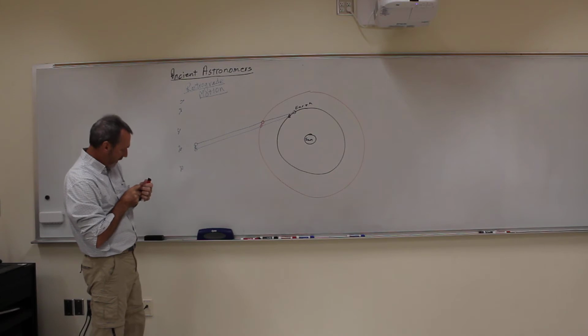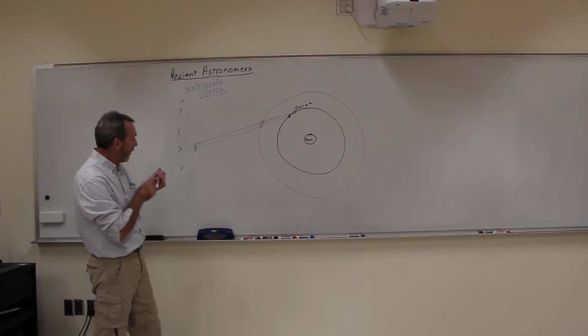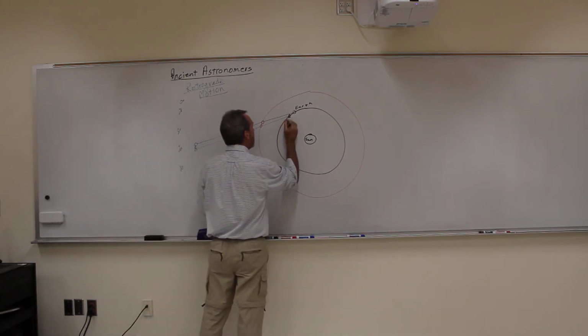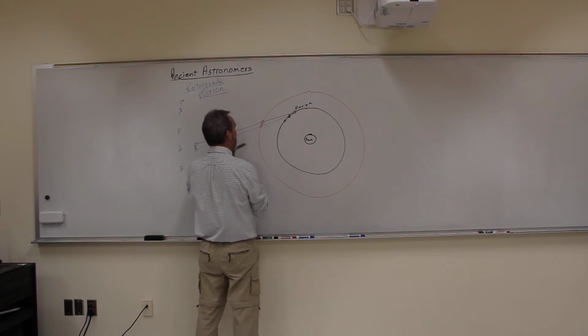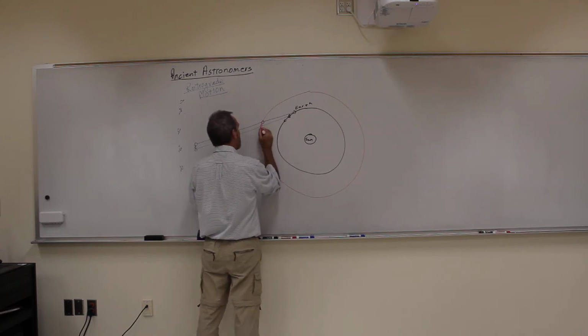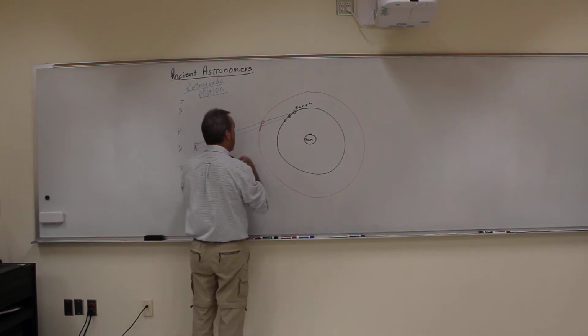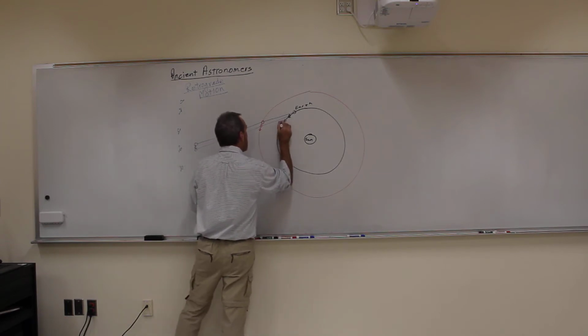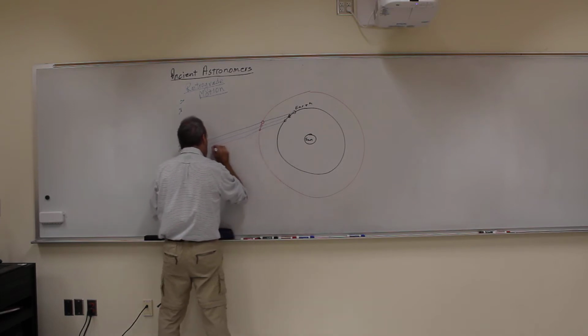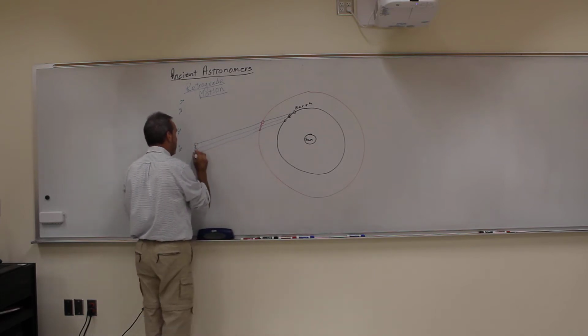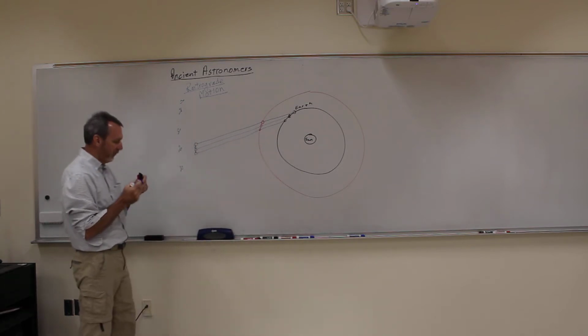Okay? Now if we keep going though, what happens is Earth moves to here, Mars moves to here. All right? And we draw our line through there, and Mars now is in this position. Still going down, but it didn't go down as far.